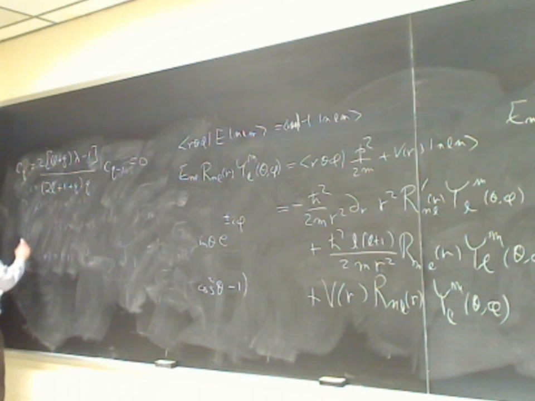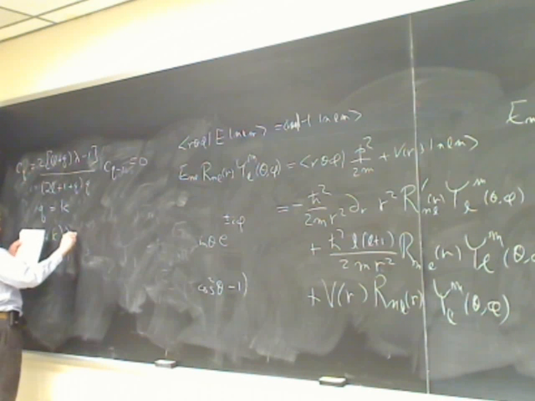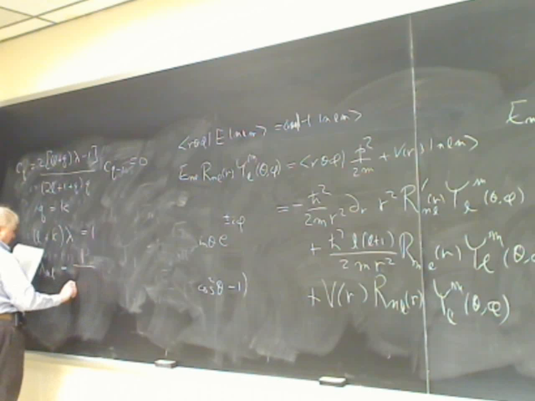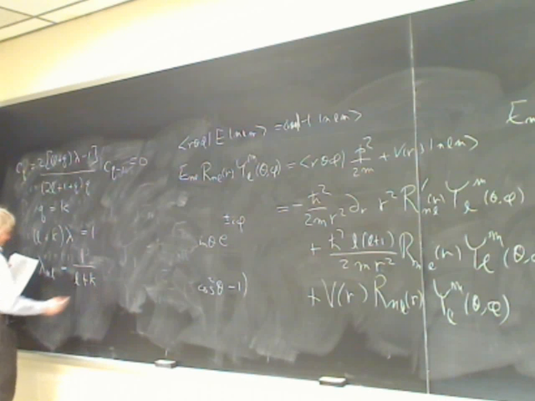You just want that for q equal to k, some integer, (l plus k) times lambda is equal to 1. Or that lambda, now I'll put in what lambda is, lambda sub nl is 1 over l plus k. Okay, so that gives us the termination.